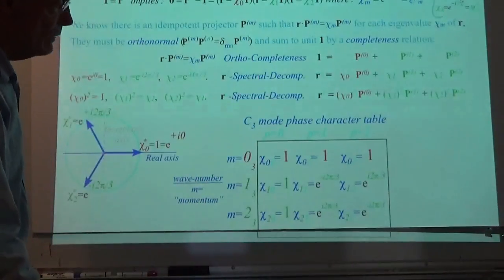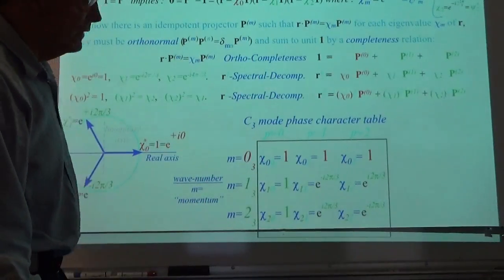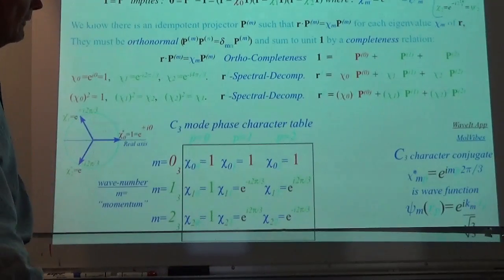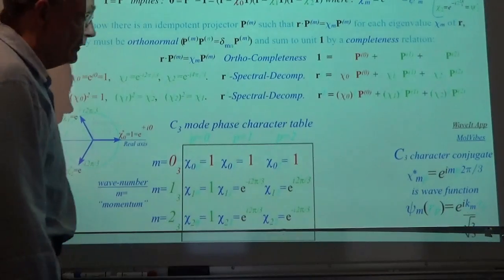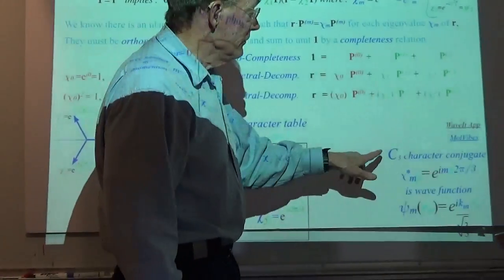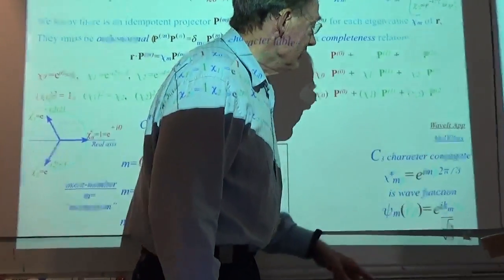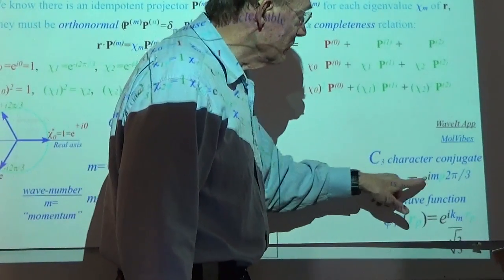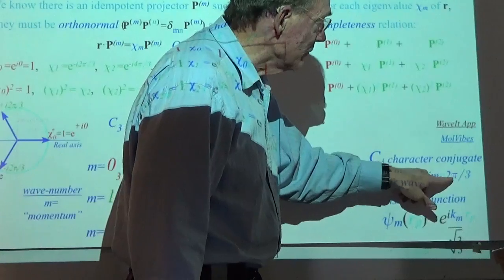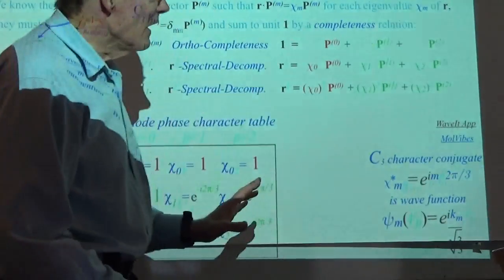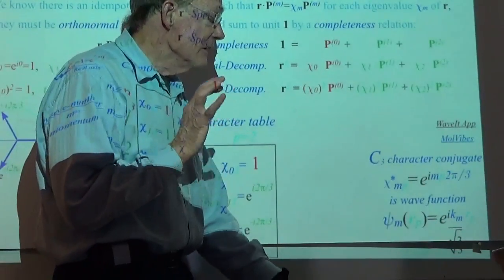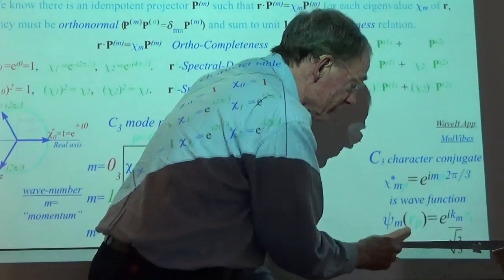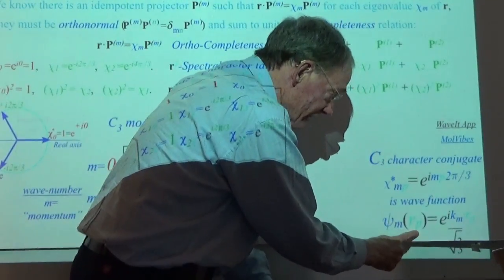Once we've done that, then we've got eigenvectors and eigenvalues, everything that we possibly can need, dispersion relations, they all come out. Okay, so these three C3 character conjugates, psi star equal e to the i m p 2 pi over 3, those have a notation in Fourier analysis as being wave functions of space, spatial points.